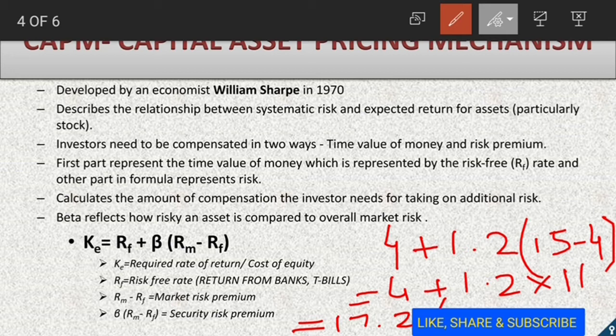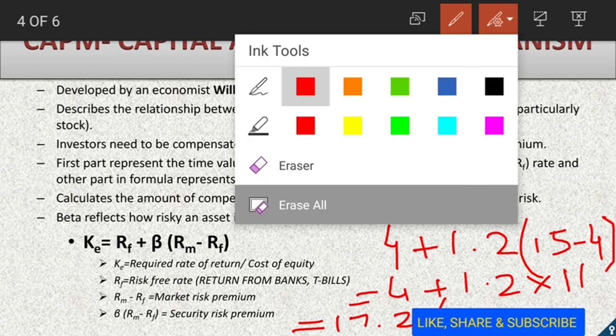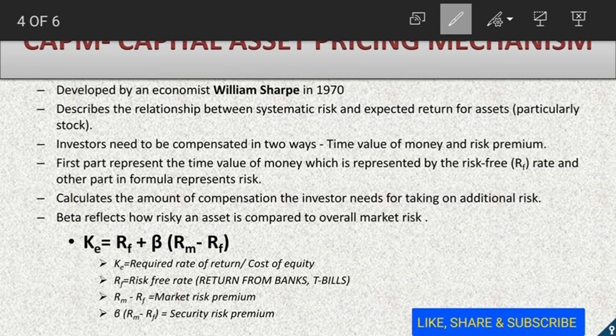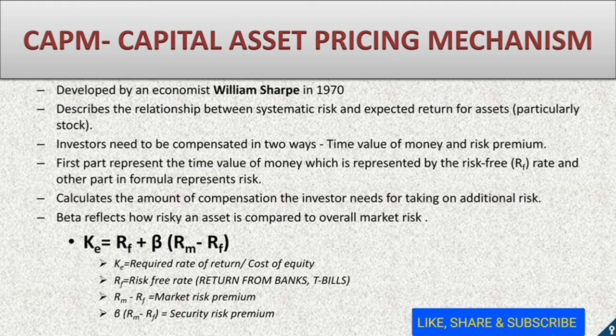The returns will be 17.2%. So, in this way, you can calculate the theoretical rate of return of investing your money in any particular stock. So, this is all about the CAPM model.